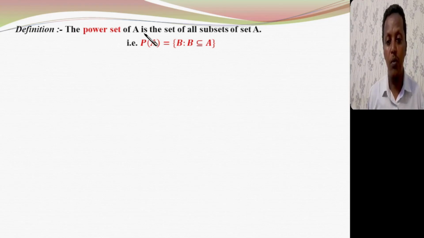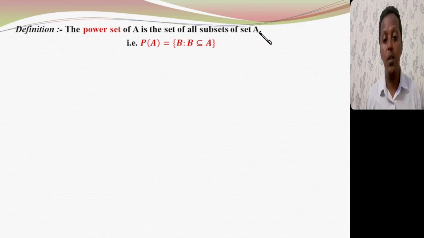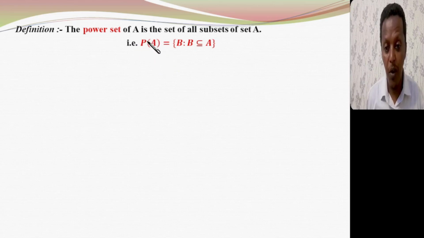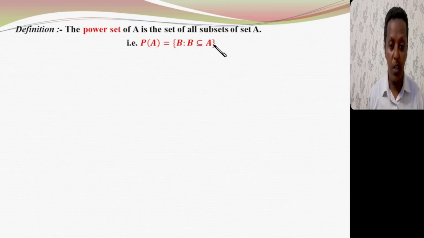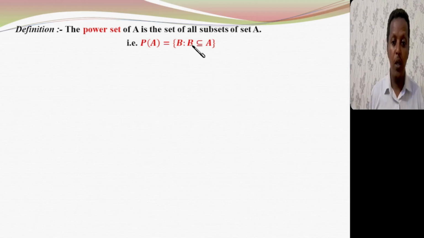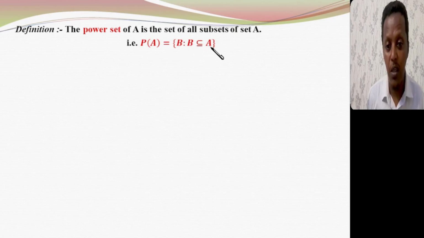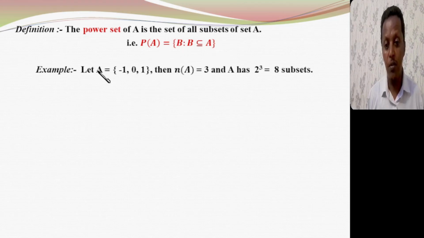Now, the power set of a set A is the set of all subsets of set A, which is denoted by P(A). The power set of set A is a set by itself which contains set B when B is a subset of A. So it is a set which contains sets as elements, and these sets are subsets of the given set A. Now, to understand this definition, let's take a particular example.